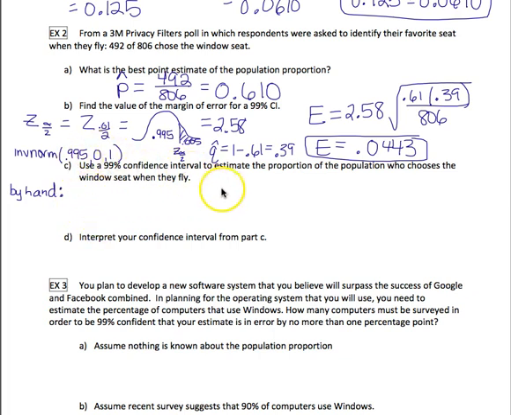In this case, we're going to use interval notation because that's the most common one. So if I do p hat plus margin of error, that would be 0.61 plus 0.0443, and then p hat minus my margin of error, 0.61 minus 0.0443. Those individual values we can do on our calculator here.